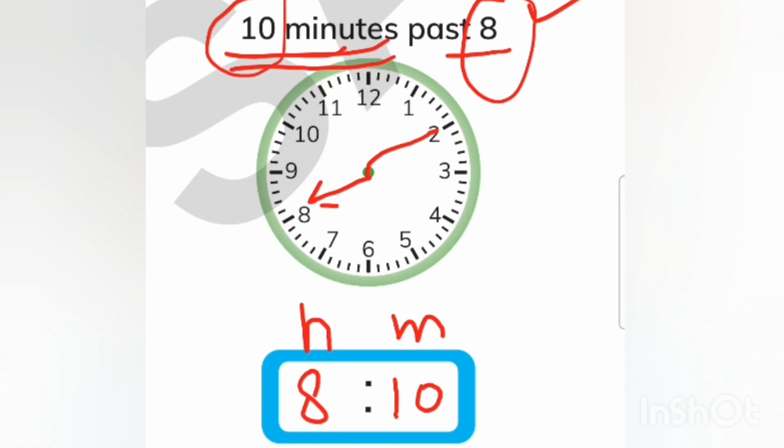We have to read the 5 table again: 5 1 is equal 5, 5 2 is equal 10. So the big needle will go towards 2. This is the big needle and the small needle is on 8. Now you can write the answer of this one, and then we will move towards another question.